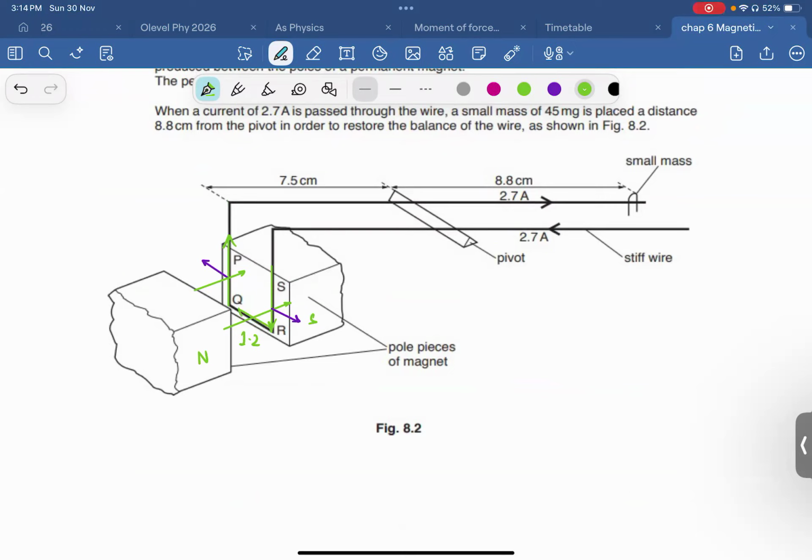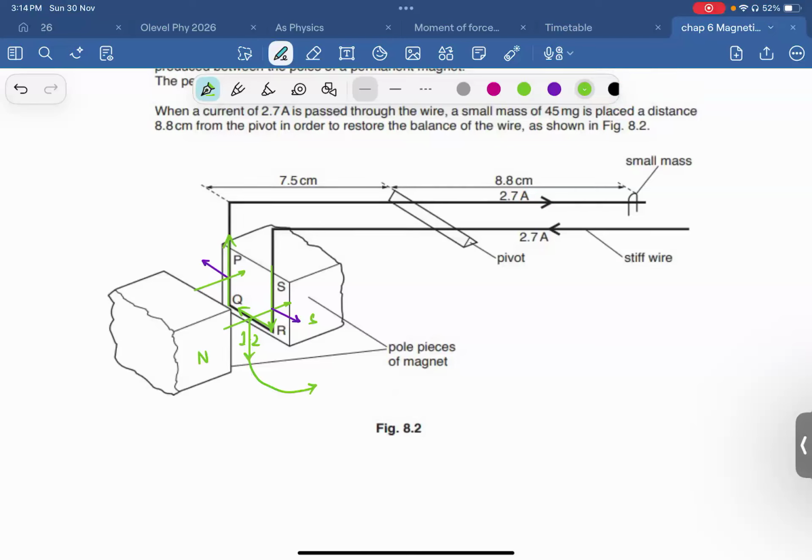When the current will be flowing in this direction, then the magnetic force will be downward, so this will generate the clockwise moment.